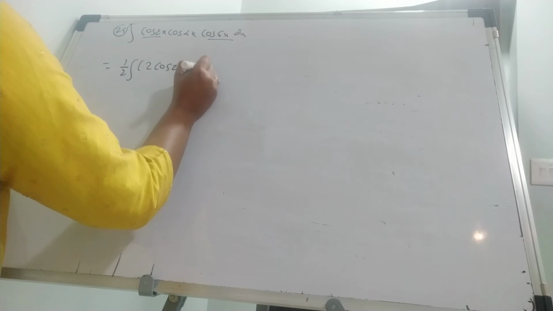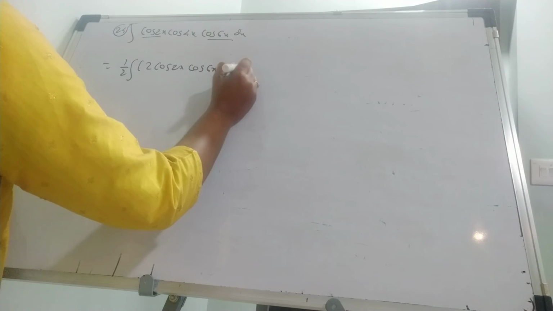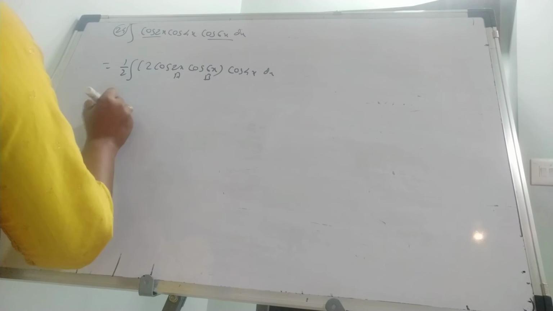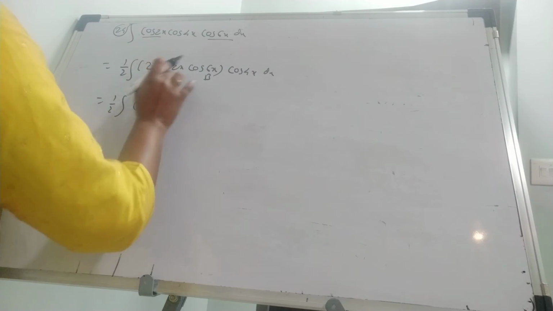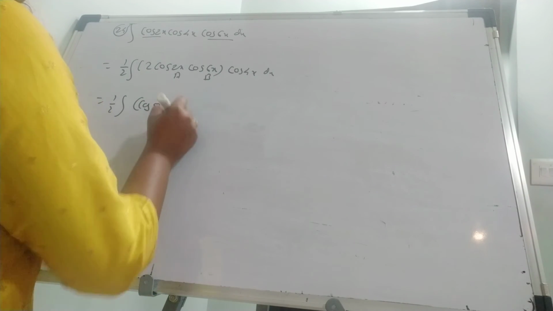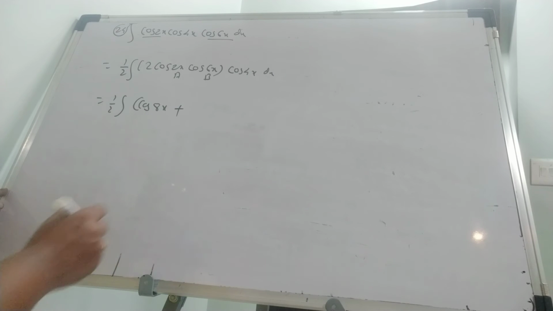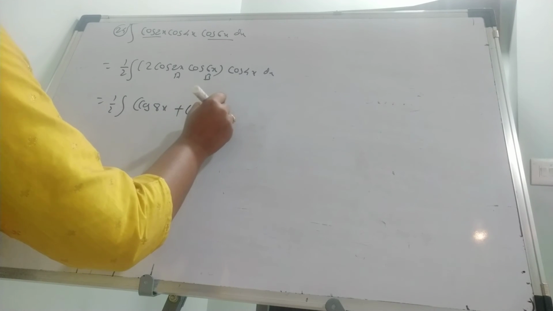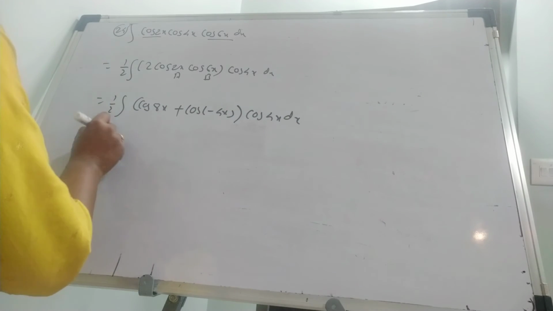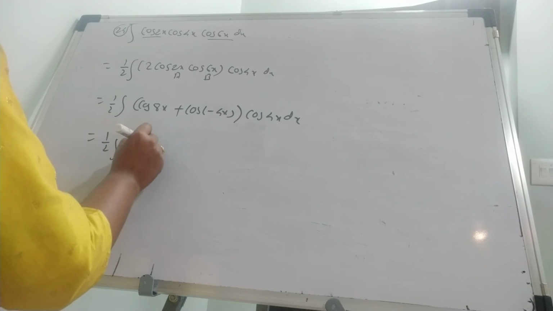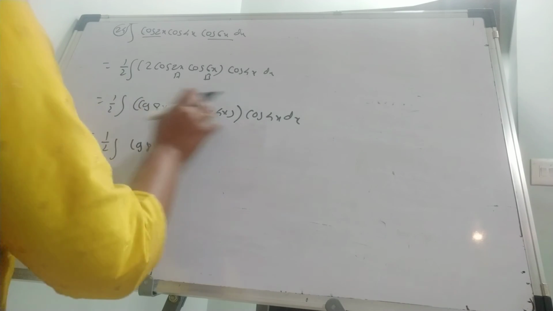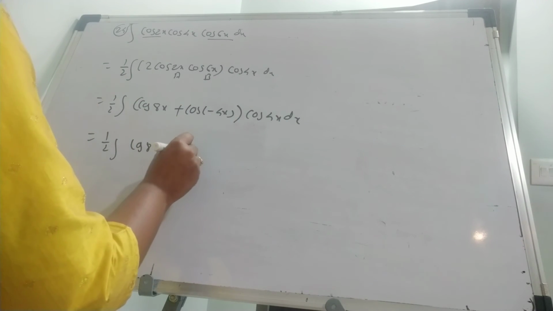So form is 2 cos A cos B. Okay. 2 cos A cos B is cos of A plus B, that is 2x plus 6x, it is 8x, plus cos of A minus B, 2x minus 6x, it is minus 4x, bracket complete, into cos of 4x as it is. So this is cos of 8x, bracket la cos of 4x ne multiply kara. So this is cos of 8x into cos of 4x.